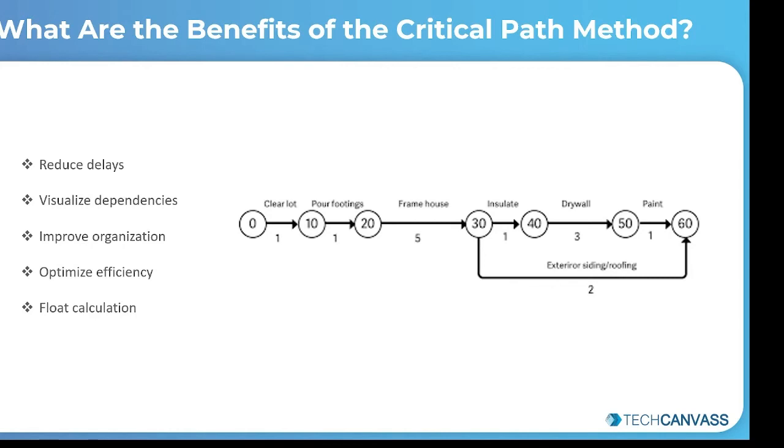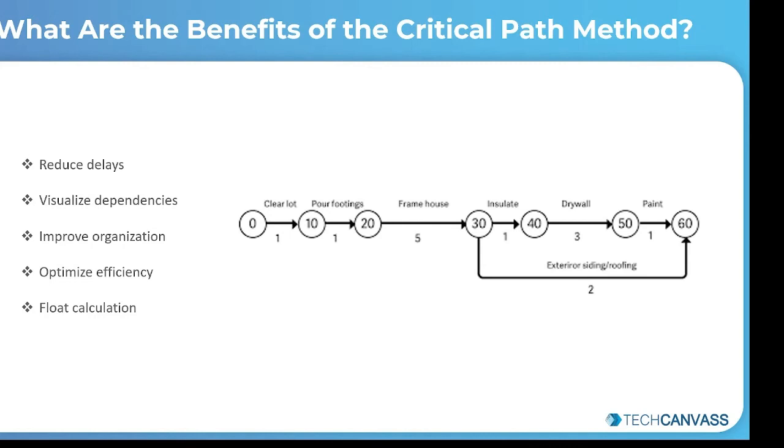Another benefit of the critical path method is it optimizes efficiency. By mapping the critical path, project managers get a better idea of important tasks in the project. They can use this information to allocate resources from the project more efficiently, adding or removing resources depending on the task importance.